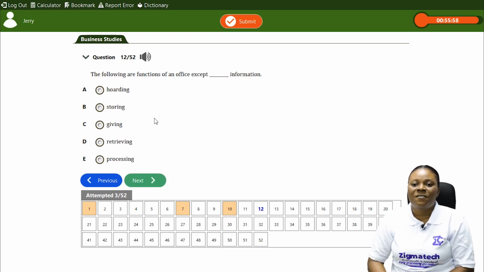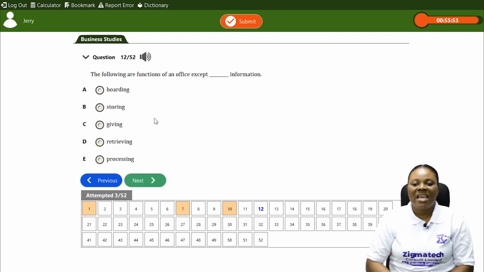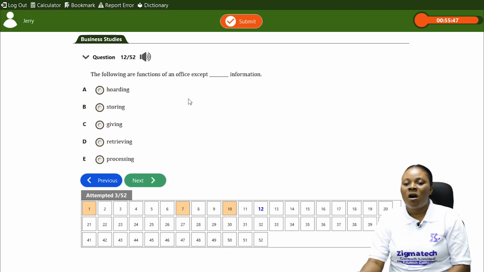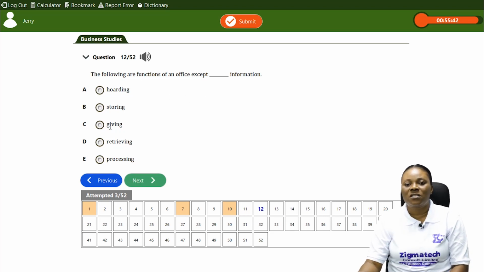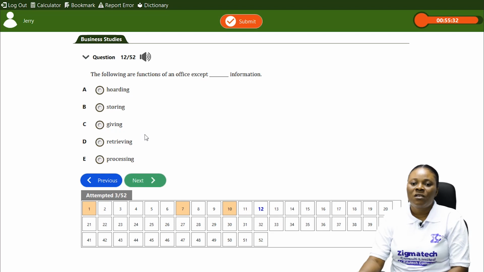The next question says, the following are functions of an office except dash information. Except, that means which one is not a function of an office. Remember, we looked at the 6 basic functions of an office, all ending with information. A, holding information. B, storing information. C, giving information. D, retrieving information. E, processing information.